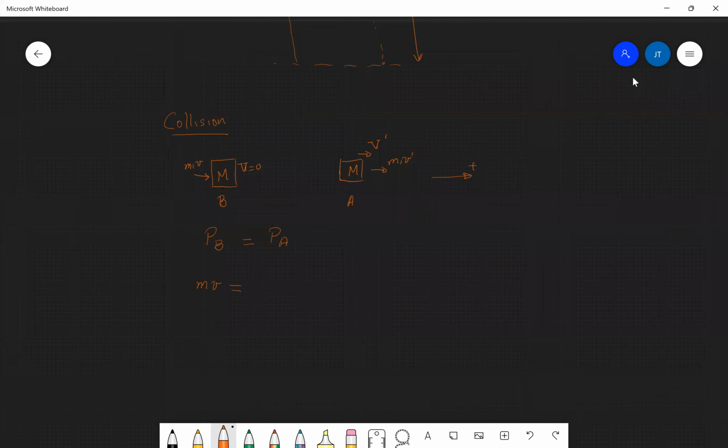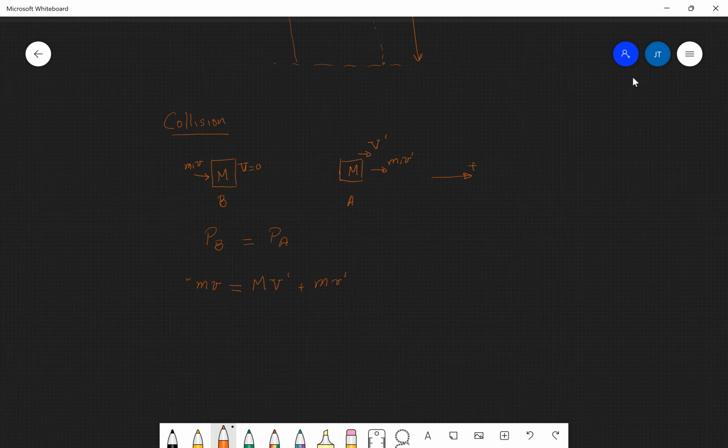After, what was moving? Both the capital M, or the big block, was moving, and the bullet was moving, both to the right. So both momenta are positive. And here's the momentum of the block plus the momentum of the bullet. I'm looking for V prime. So it looks like I'm almost there.